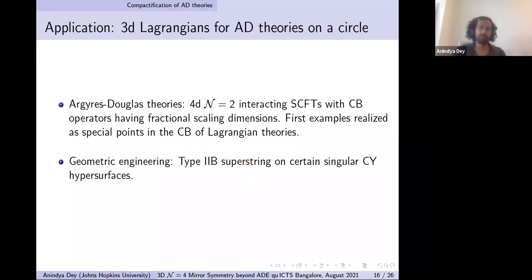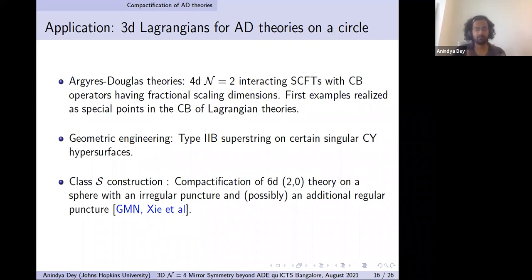Subsequently, there were various constructions of these Argyres-Douglas type theories. In particular, they were obtained by compactifying type IIB superstring theory on certain singular Calabi-Yau hypersurfaces.